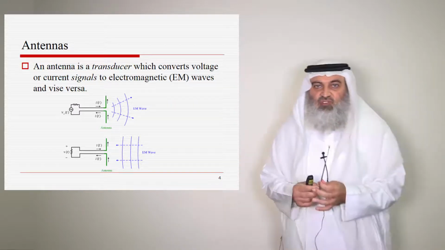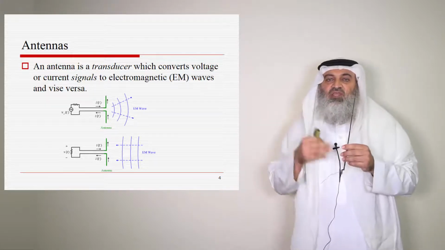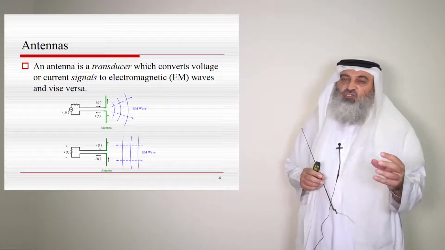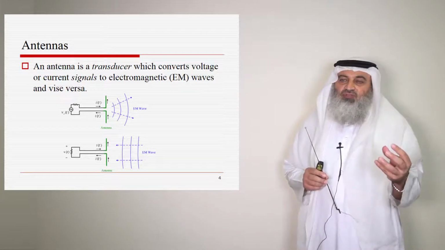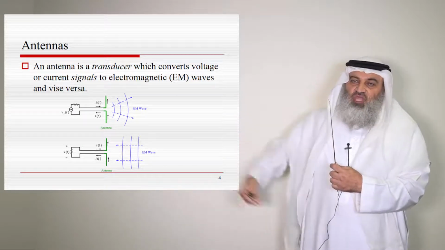Antennas are the transducers that allow me to convert current into waves if it's a transmitting antenna. If you see on the upper plot here, you have a source, that's your signal, your alternating current, going through a wire, and the wire then radiates the waves.